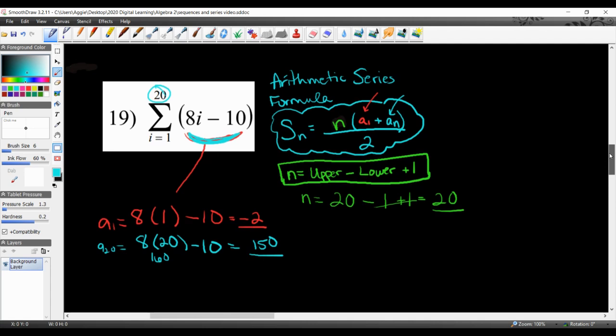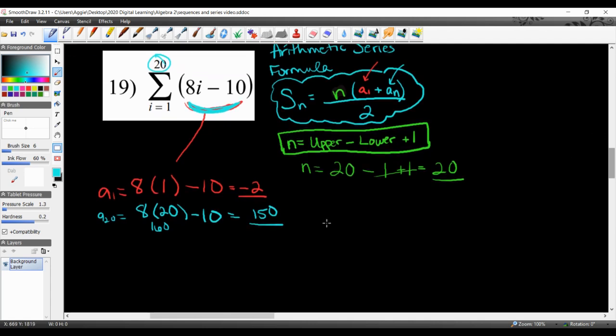I'm going to scroll down a little bit. So in this problem, S of n would be equal to 20 times, a sub 1 came out to negative 2, so negative 2 plus 150, all over 2.